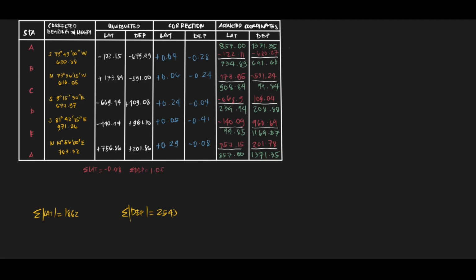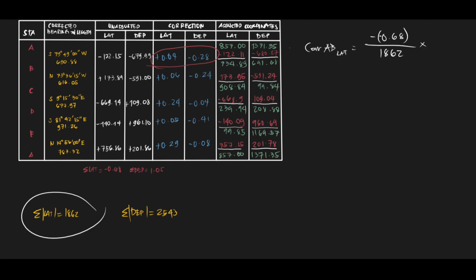Okay, so let's say we want to calculate again, focusing on line AB. The correction using the transit rule, correction AB latitude: what you need to do is take the negative of the same thing, the error, negative 0.68, and then you divide it by the summation of the absolute value of the latitude, 1862. And then you multiply it not by the length of the line, but by the magnitude of the latitude.